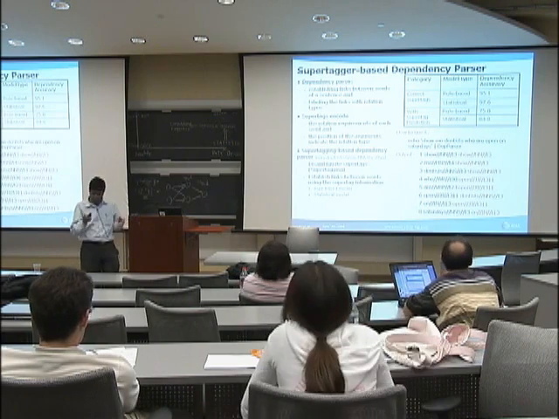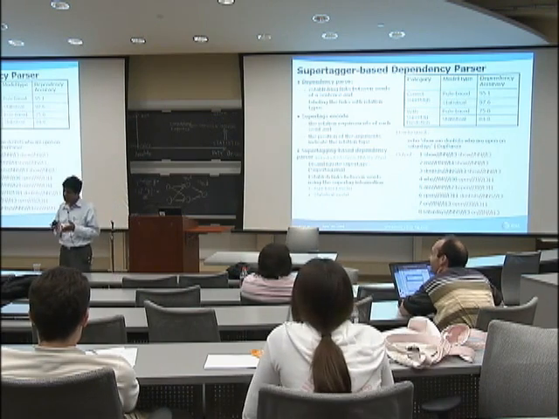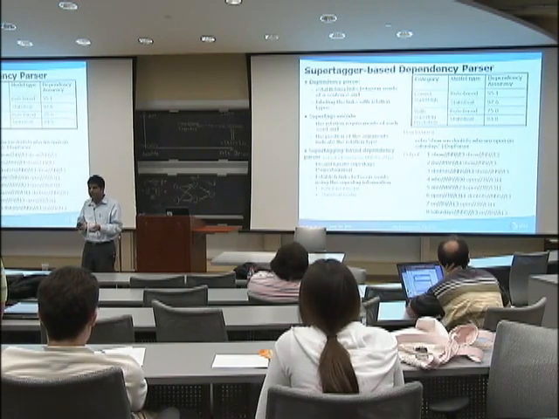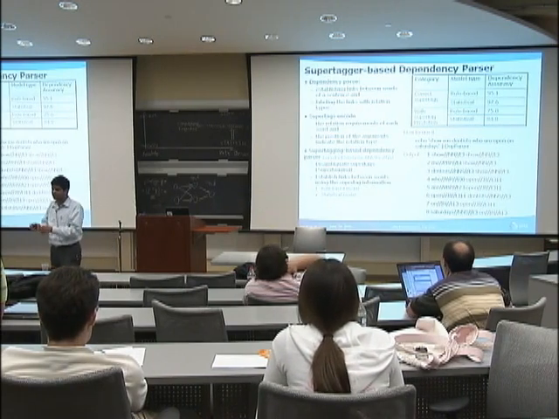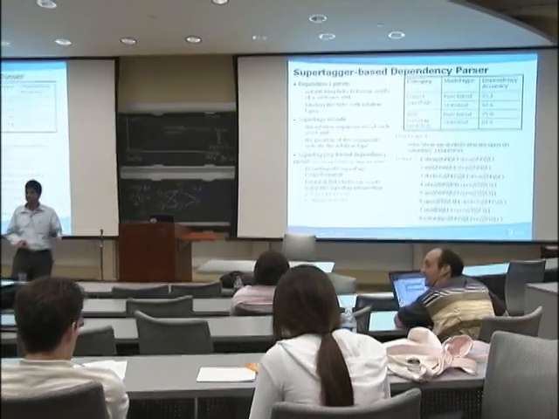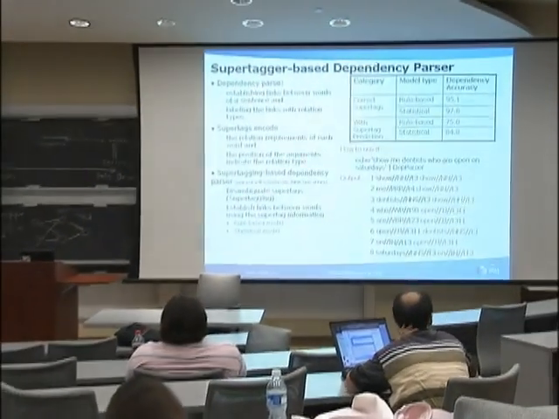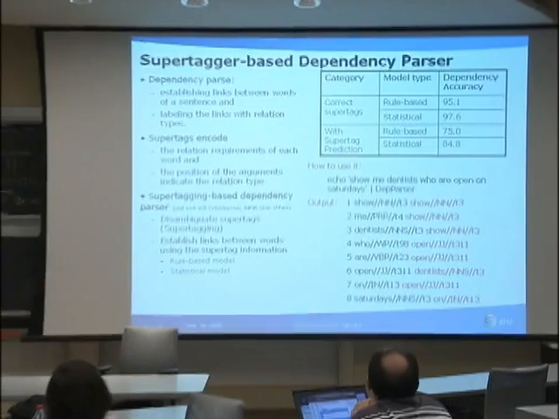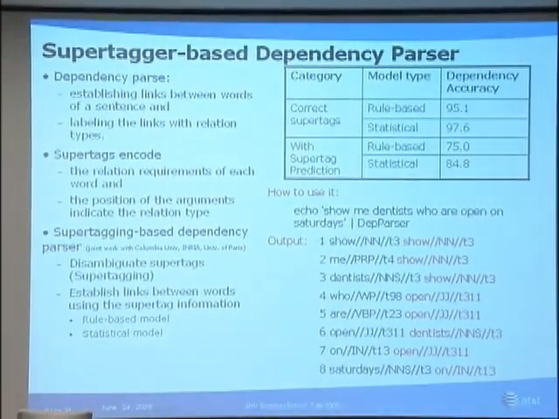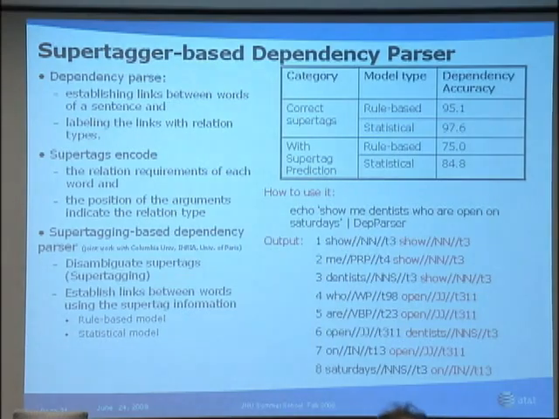So, a simple extension. Once you have the tags, because the tags have structure in them, you can unpack them. They are like bundles. You can open them up, and they come with constraints. They're saying that the word whatever control needs an NP to the left and an NP to the right, and then you can start using those constraints to establish relations between words.